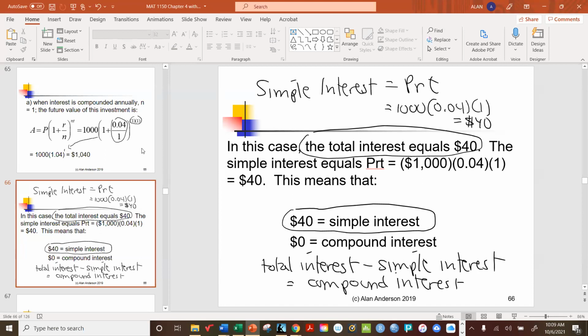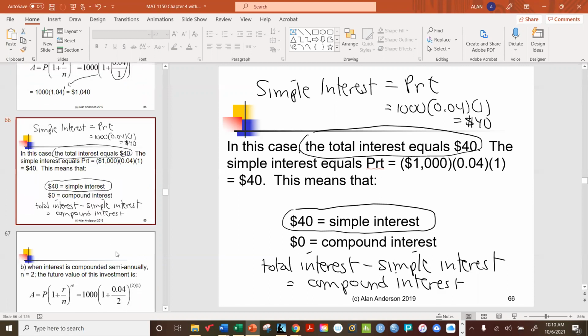In this case, there is none, because after 1 year with annual compounding, there is no opportunity to earn compound interest. So here, all of the interest is simple interest. That won't last, though. When we get to the next case with semi-annual compounding, we will definitely have some compound interest. It may not be much, but it'll be more than 0.